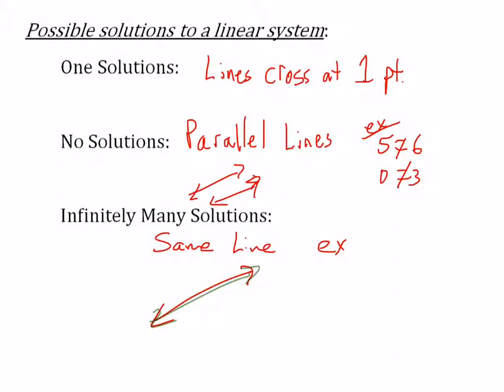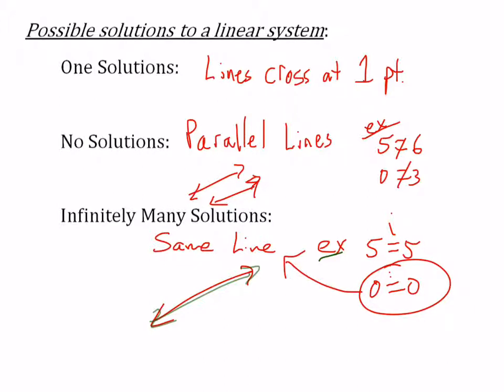So we're talking about when we have something like 5 equals 5 or 0 equals 0. That's a very true statement. So when you're solving a system and you get that, okay, then that's always true. And you say that's always true, so we have infinitely many solutions. It's the same line. And the way you write your answer is you just write down one of the equations.